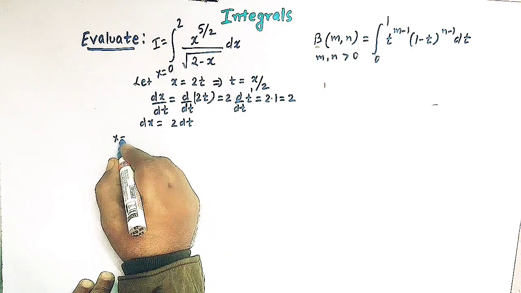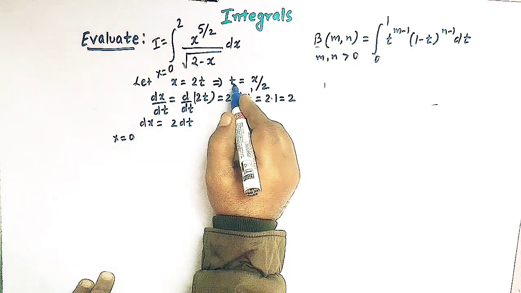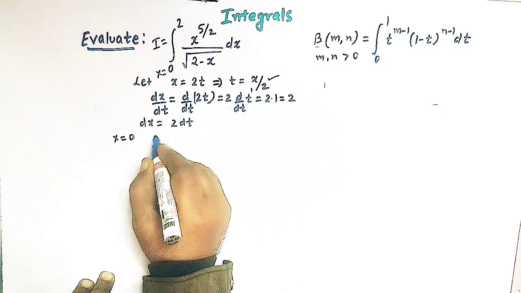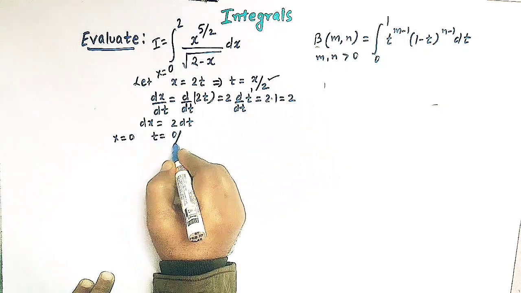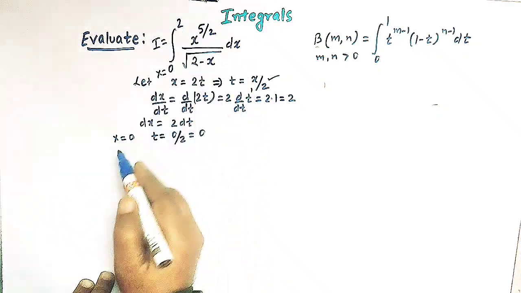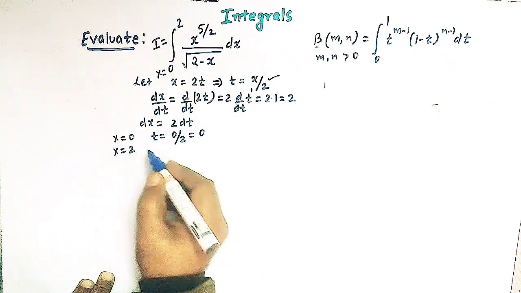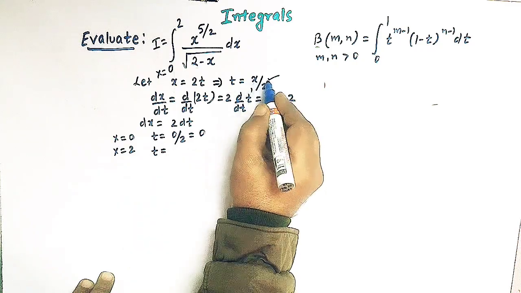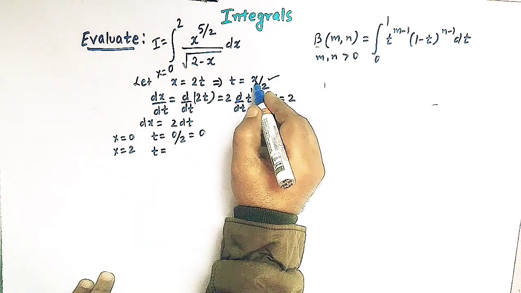So when x is equal to 0, then the value of t can be obtained from this relation. So t is equal to 0 over 2, that is 0. And when we have x is equal to 2, then the value of t can be obtained again from this relation.